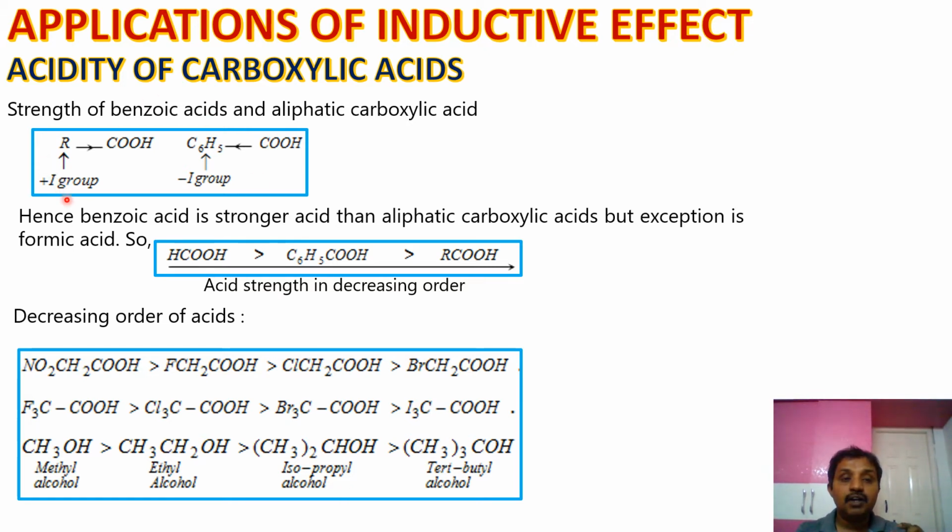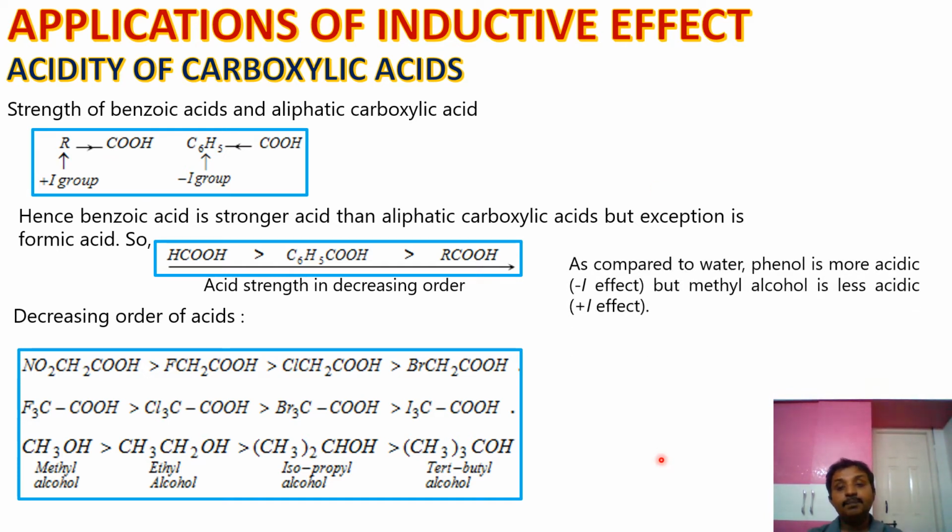That is, alkyl groups show the positive inductive effect, so acidity decreases. So tertiary butyl alcohol has lesser acidity compared to isopropyl alcohol and ethyl alcohol. As the alkyl groups are fewer, the acidity is stronger.